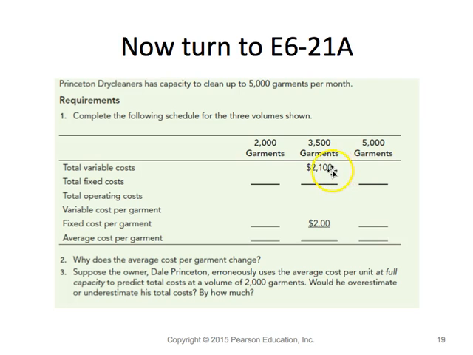The only thing we have here is total variable cost for the volume of 3,500, and the total variable cost will be $2,100, and then fixed cost per garment is $2, and the total garments are 3,500. So the first thing we can calculate is the total fixed cost.